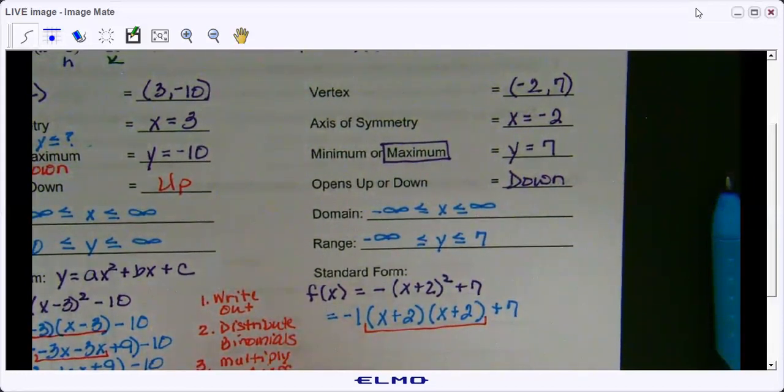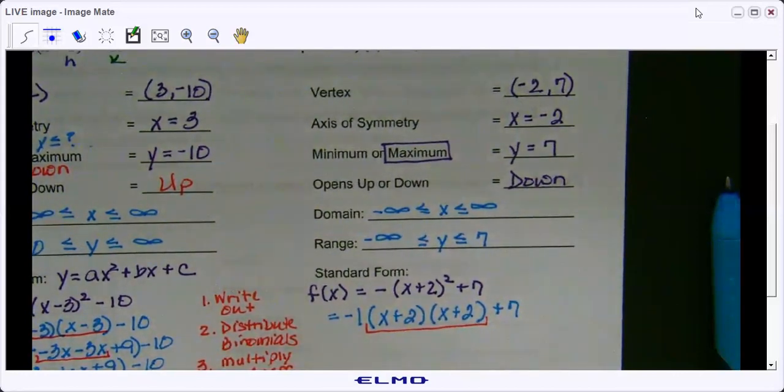And then 4, you're going to add or subtract. Okay, so those 4 steps will help you to turn these into standard form.